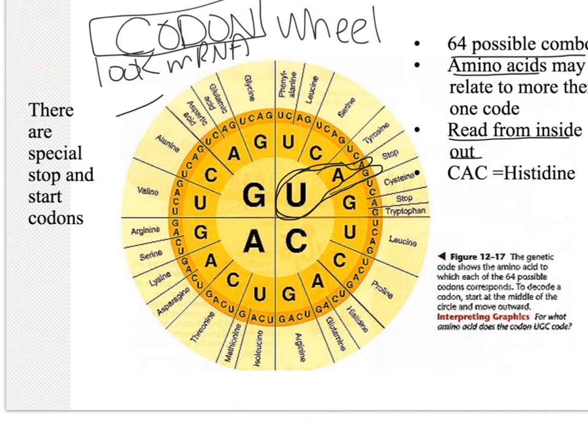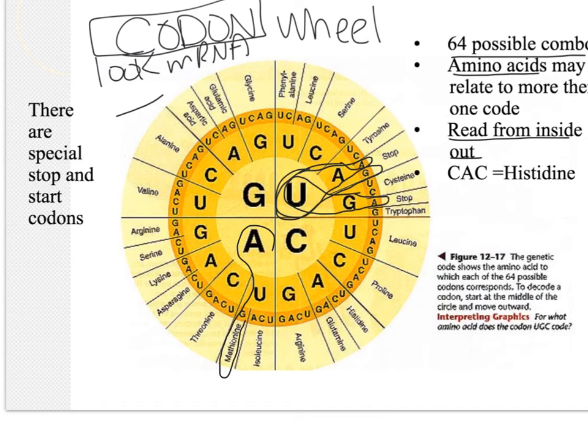So there are certain special codons that tell to stop. There's also one over here, UGA. That also will tell the protein to stop being made. There is also a special start codon. And the special start codon is usually AUG.